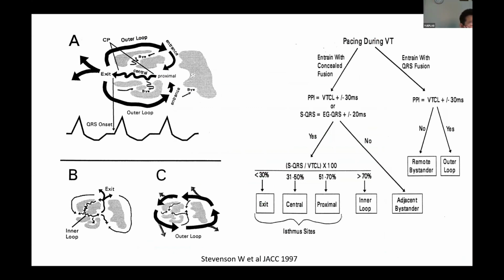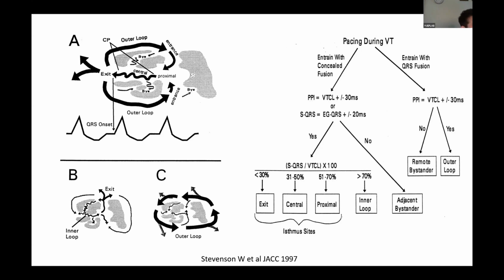So I would like to go to the very important part, which is the entrainment, because a lot of my fellows are not familiar with entrainment. I saw an image from a long-ago publication from Stevenson showing the criteria when we try to identify sites. The exit brings the VT morphology, usually this part will be the exit.